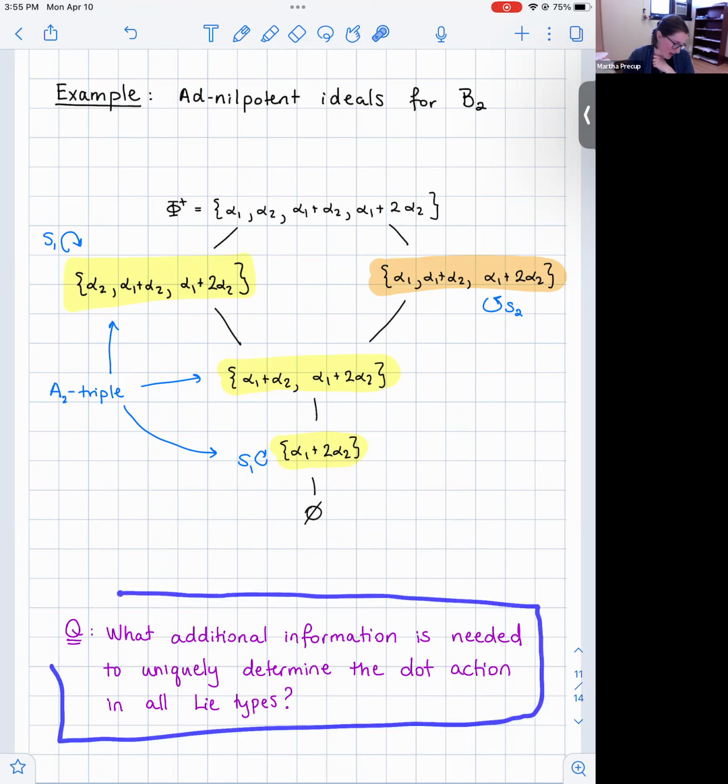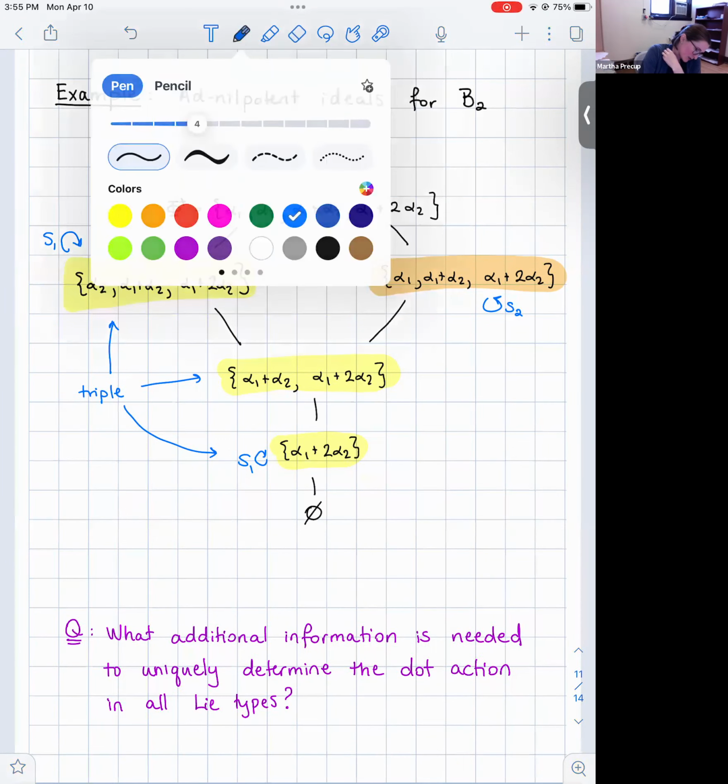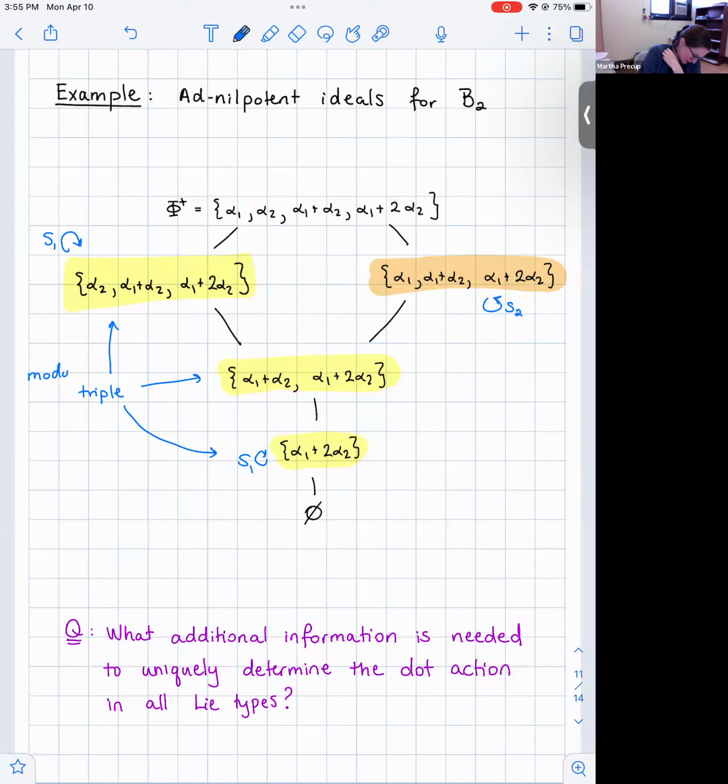So although we still satisfy the modular law, you need more information to uniquely determine the dot action representations. And it has to do with the fact that you can get these triples. So this is actually one of these modular triples. So here's an example. This is just the ad-nilpotent ideals for B2. So these guys are telling me what my Hessenberg spaces are. And if you ask yourself, okay, how can I relate these using the modular triples?